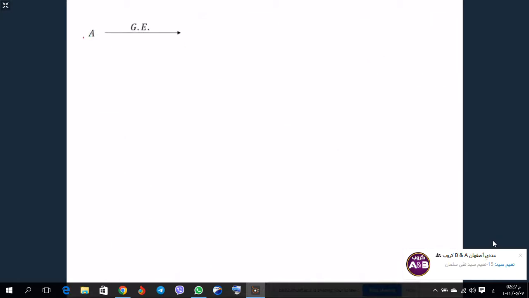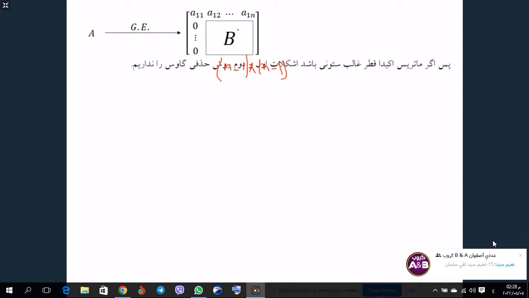So I wrote that here. I forgot, we have a matrix A. We do Gauss elimination. We find A11, A12, A1N, 0, 0, and B in N minus 1 cross N minus 1. Again, we have matrix B column diagonally dominant.